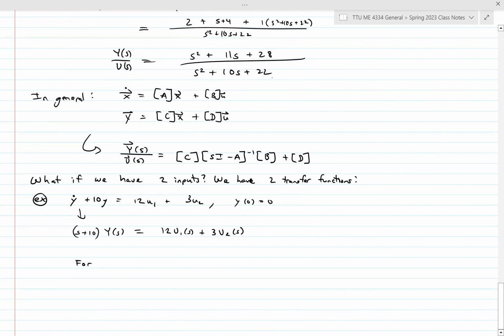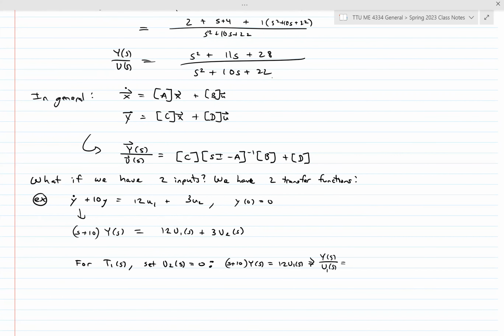Then we're going to get two transfer functions. I'll call the first one T1(s). We're going to set all inputs except for the one that we're interested in equal to 0, just for this time, and then solve for Y(s). If we were to do this, we'd get the same transfer function we got in our earlier example.